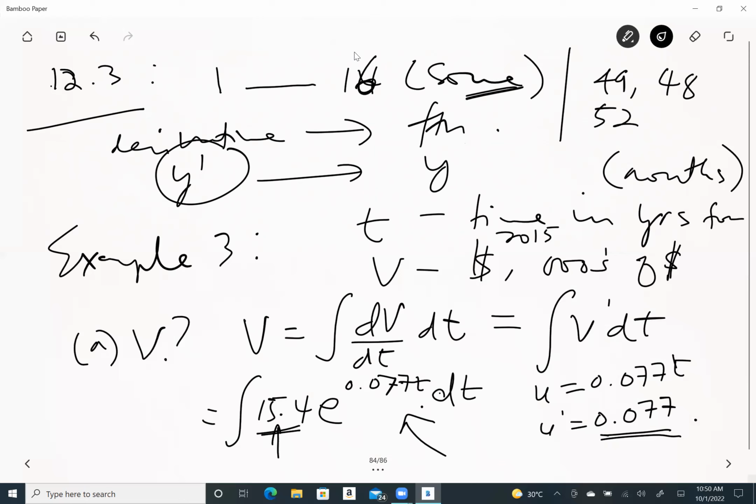So that is the E. Now we have covered E, so we go back to the integration.